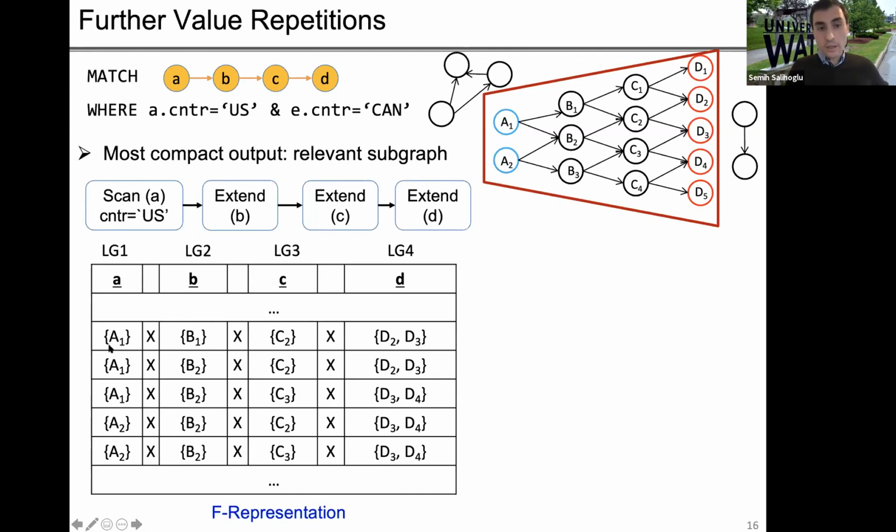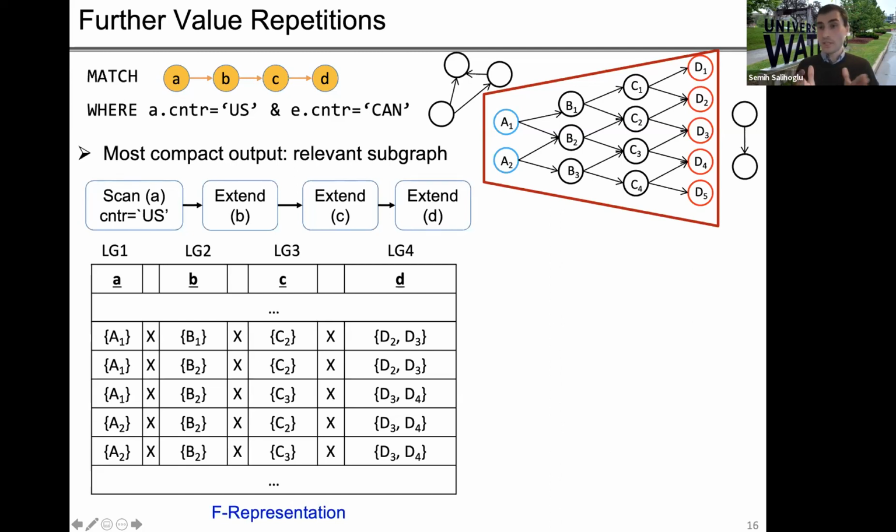So A values have to be flattened because extend B needs to flatten them. B needs to be flattened because extend C needs them flat, and variable C's need to be flattened because extend D needs them flat. So you get a little bit of benefit from the last extension.